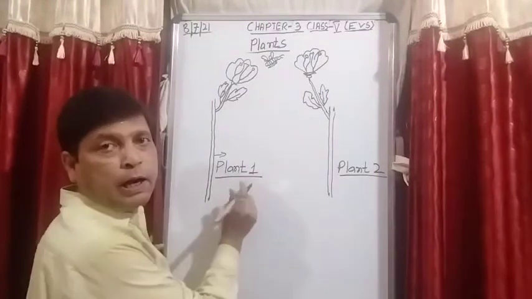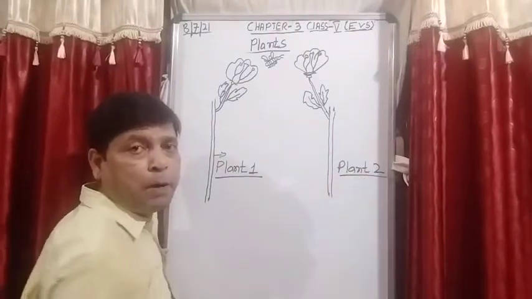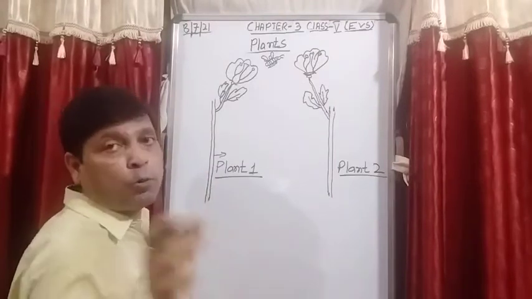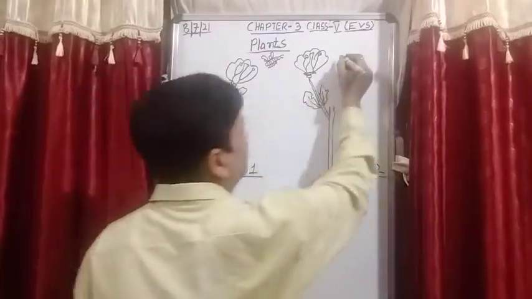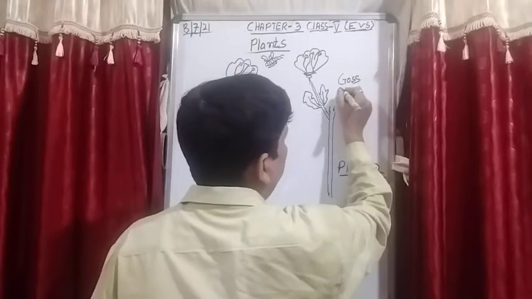I name this plant 1 and I name this plant 2. Now see, here we will talk about cross pollination.